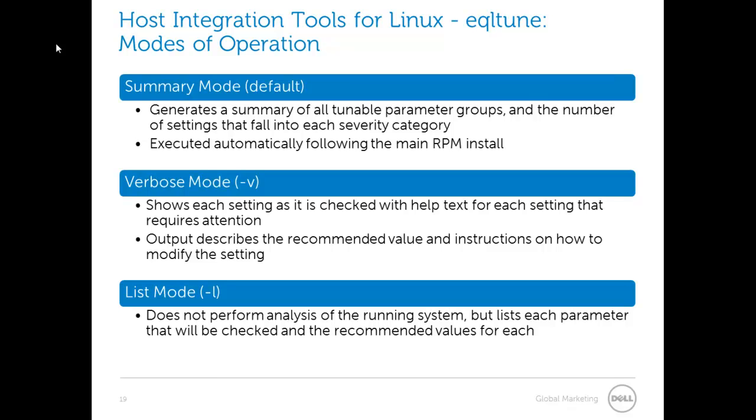When running EQLTune in list mode, the output is simply a list of each parameter that will be checked and the recommended value for each. It does not do any analysis of the system. At this time, I would like to demonstrate some of the HIT for Linux commands.